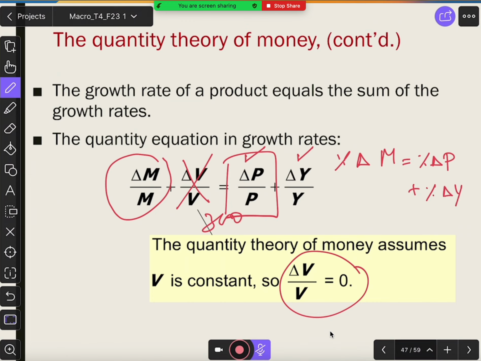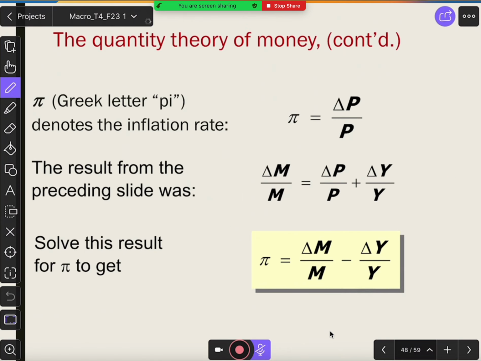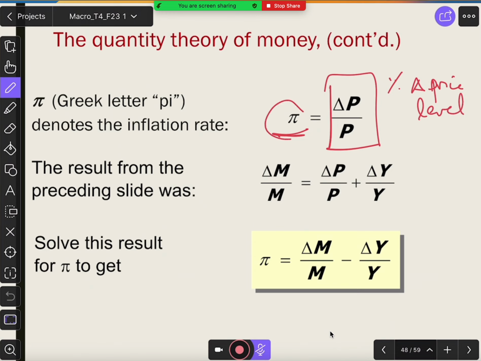Okay, so when you take each part separately, the part related to the price is basically inflation. The percentage change in the price level, or the percentage change in the index, is inflation, and we give it the notation pi, the Greek letter pi.